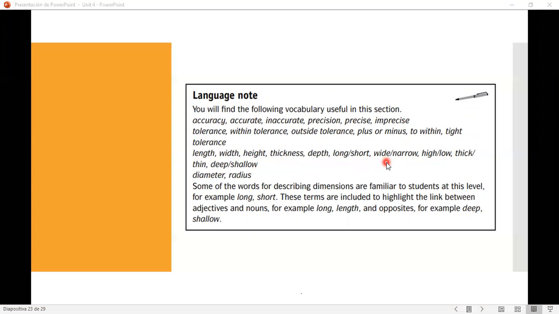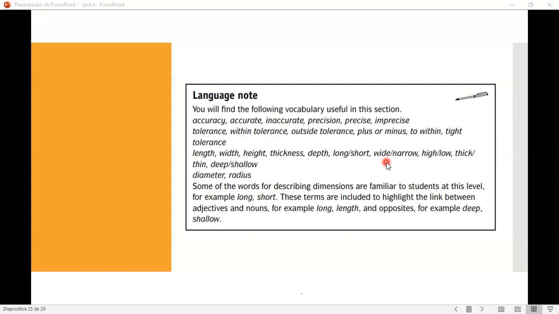And the diameter and radius when we talk about circles, because we have a practice with circles actually. Some of the words to describe dimensions are familiar to students at this level. I mean, long, short, and stuff like that.